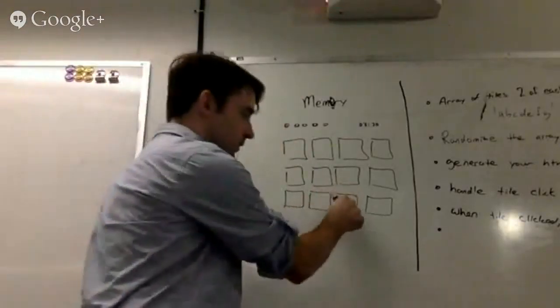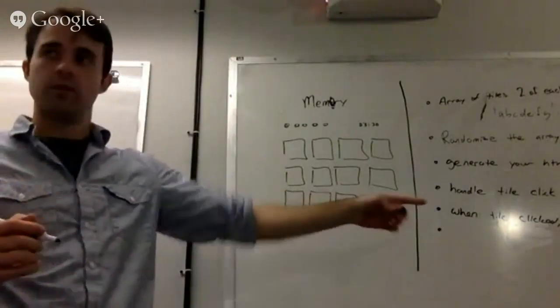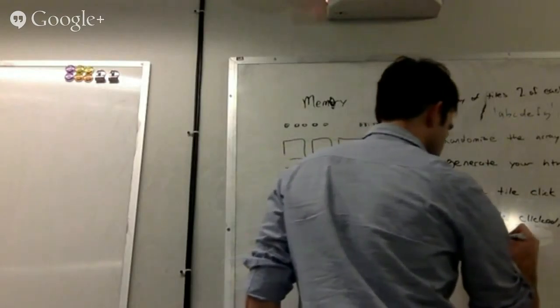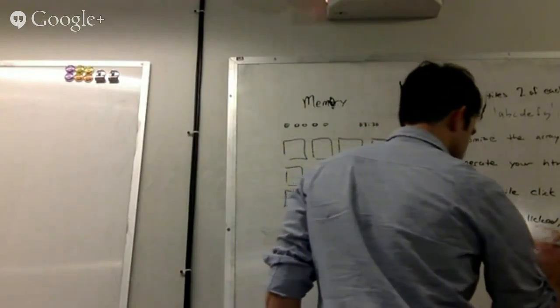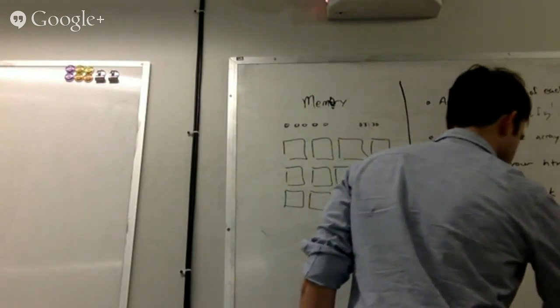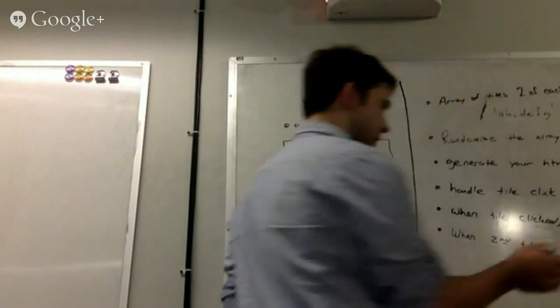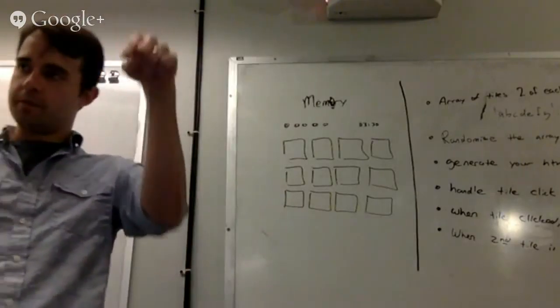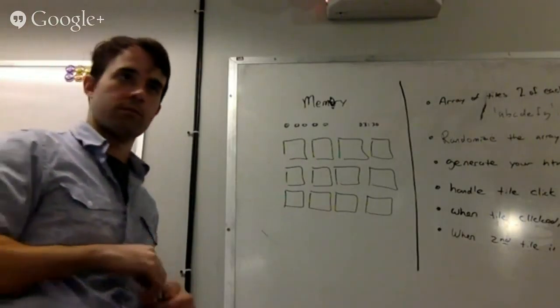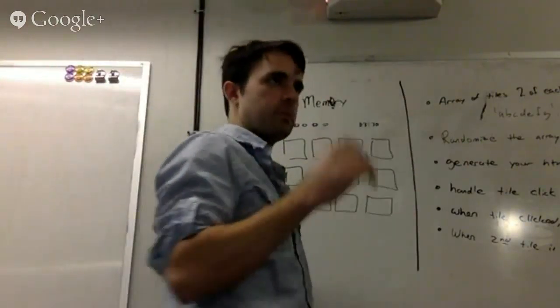And so the next time another one is clicked, you want to compare to the first. If they equal each other, then you can mark that as permanently flipped so that they can't be clicked anymore, by adding a class.